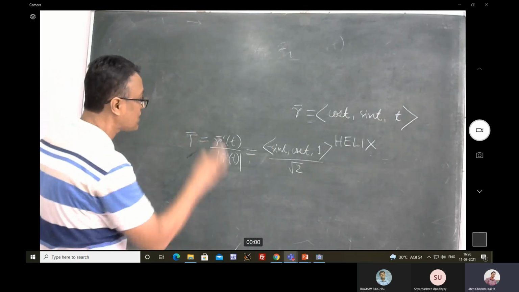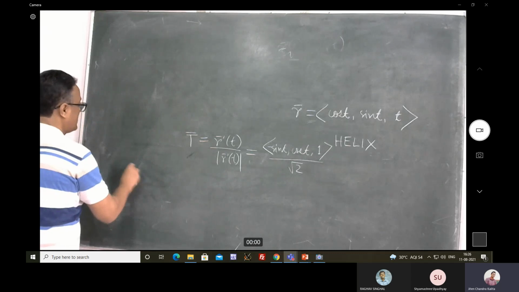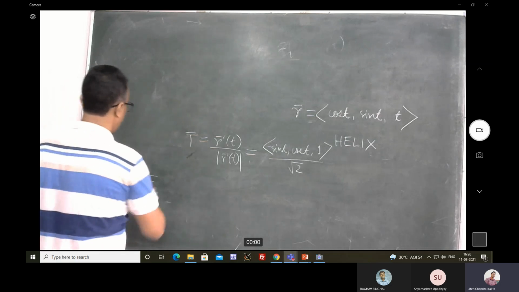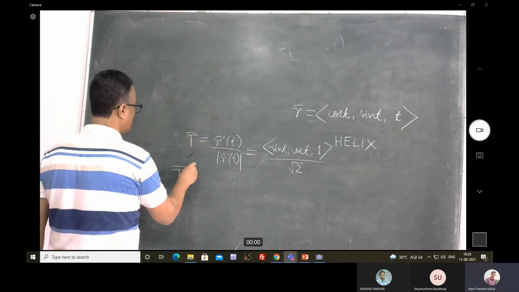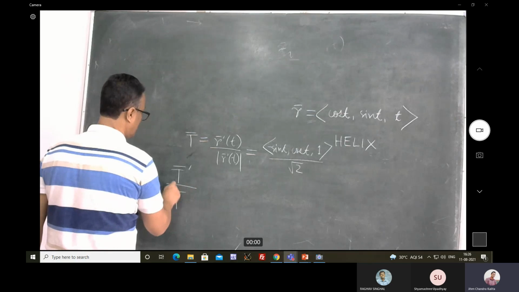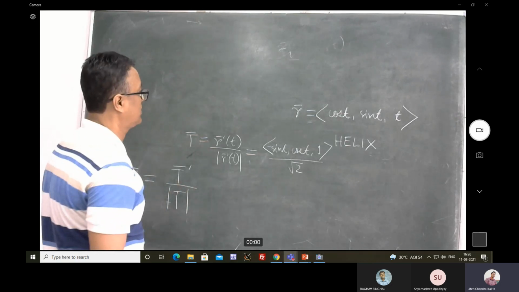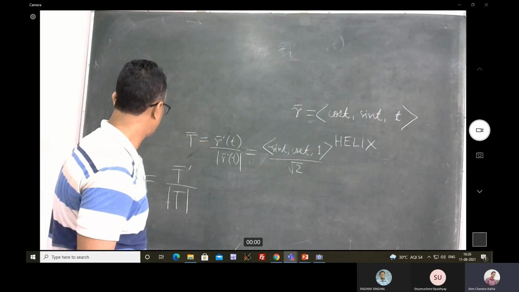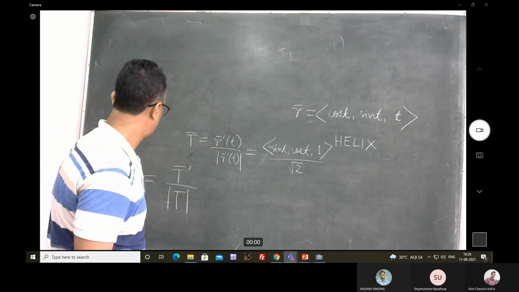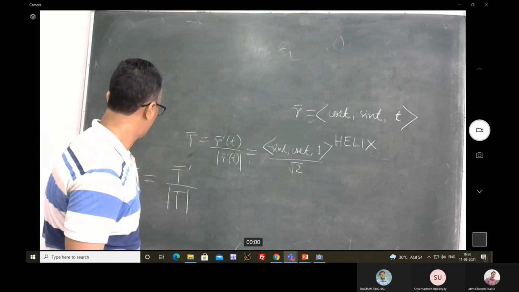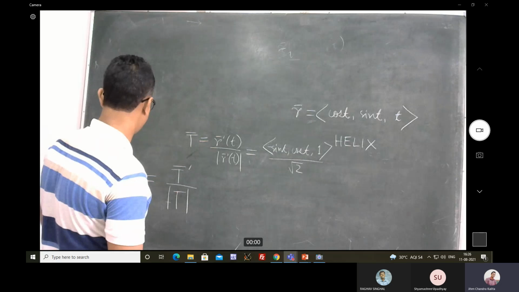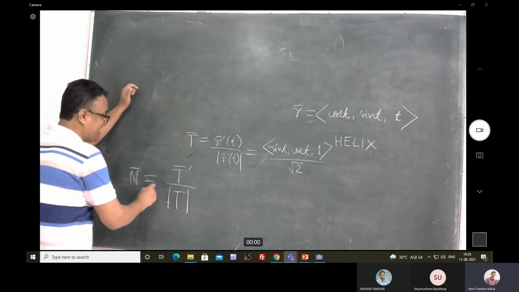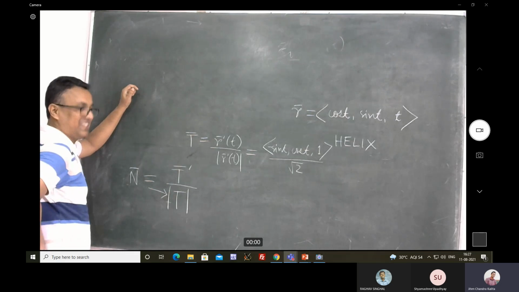Then if you want to find the unit normal vector, this is simply T prime divided by the magnitude of T prime. Just a minute. In fact, one thing, you don't need to worry about this because the magnitude of T prime is always going to be 1, isn't it?